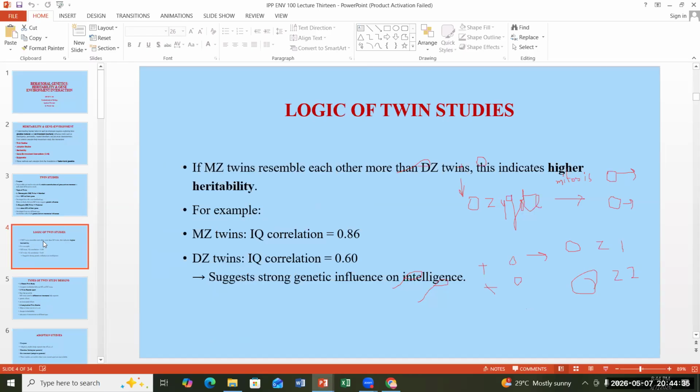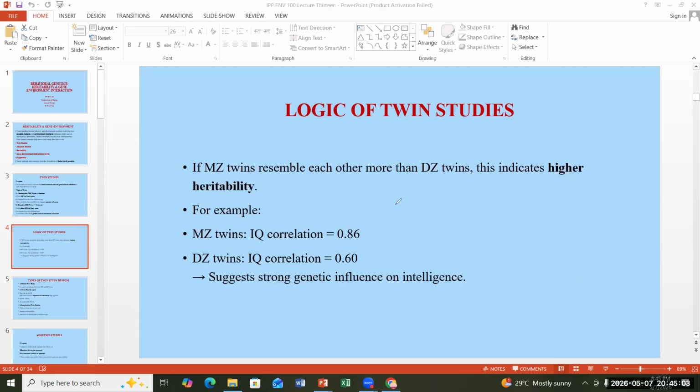The first type of case study was the twin studies. Now, the second type of case studies, okay. Now, why do we do twin studies? If monozygotic twins resemble each other more than dizygotic twins, this indicates higher heritability.